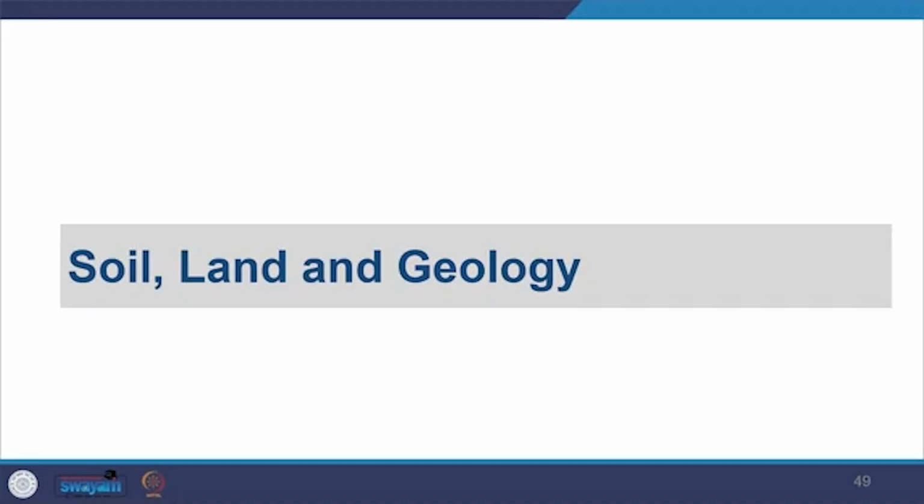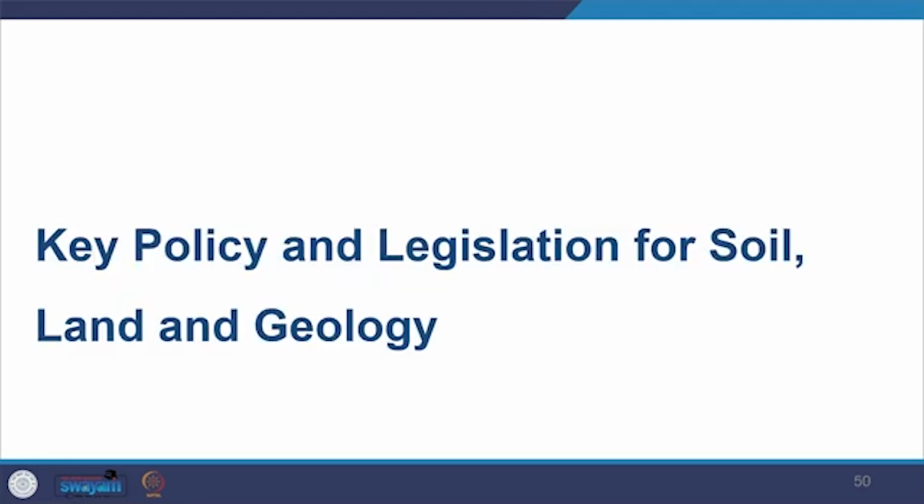Now moving on to soil, land and geology. In this we'll see the key policy legislation in this domain. With respect to protection of geology, there are limited policy interventions. We do not see many. The very first initiative to protect geologically significant areas which sustain biodiversity was taken in the USA in 1906. Later in the UK, they took initiative in 1949 through the National Parks and Access to the Countryside Act.